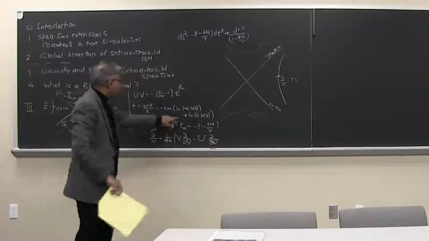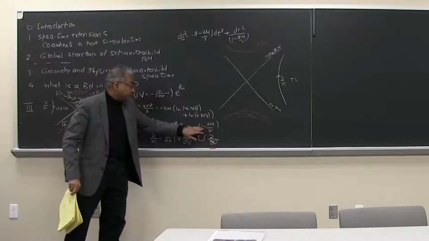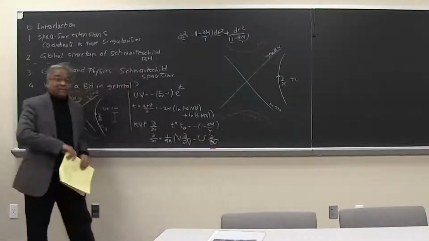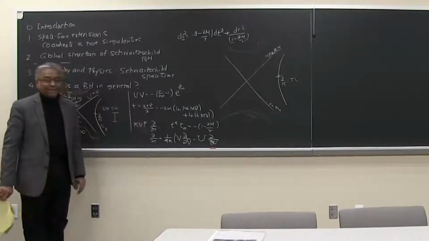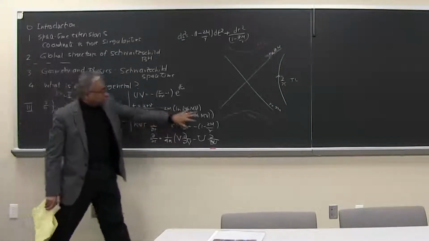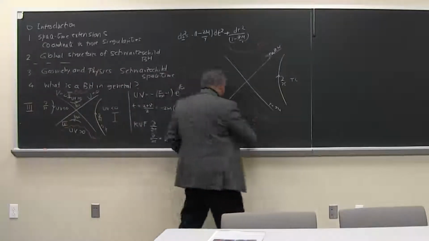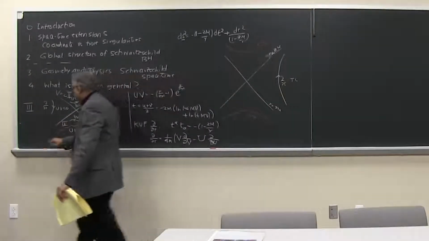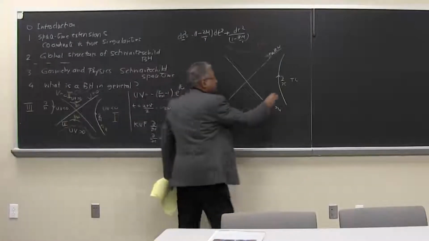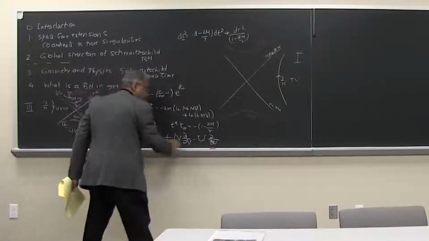Its norm is clearly negative because r is bigger than 2m, so 2m over r is less than 1. And therefore, the norm is clearly negative up here. Therefore, this is the picture that we're getting. And this is region 1 that we are focusing on. We started out with region 1, and that is what we are focusing on here.